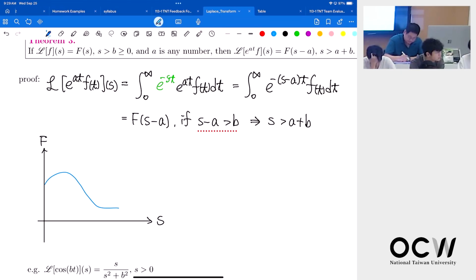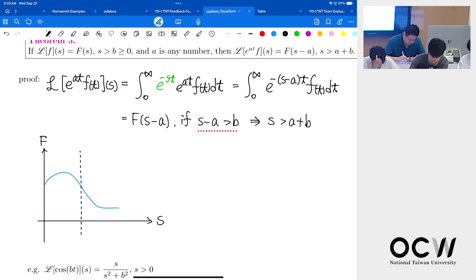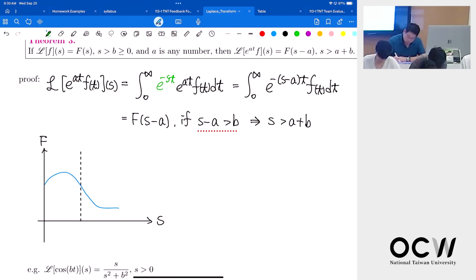And if you shift by a, this is s equals a, and your a is greater than 0.